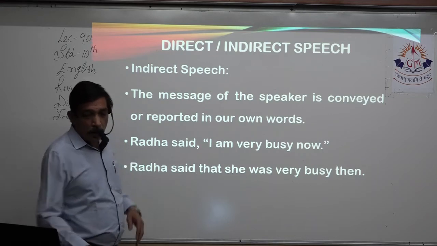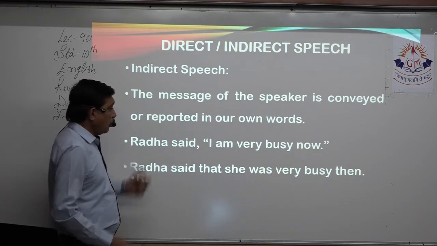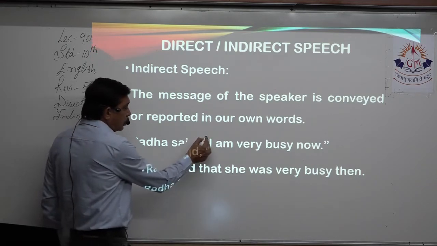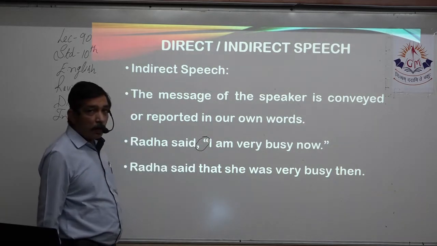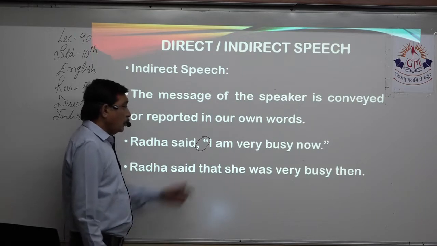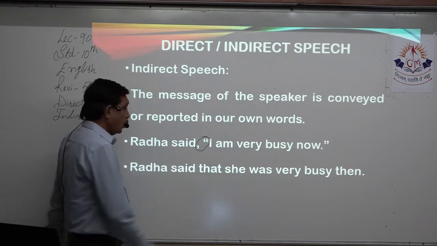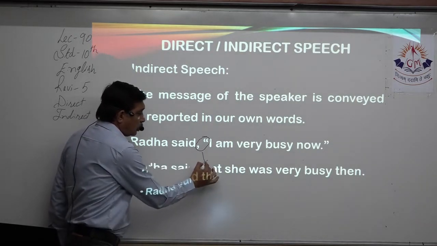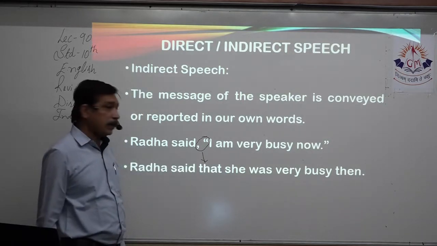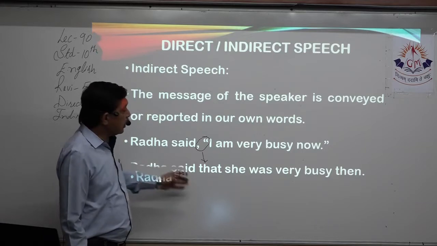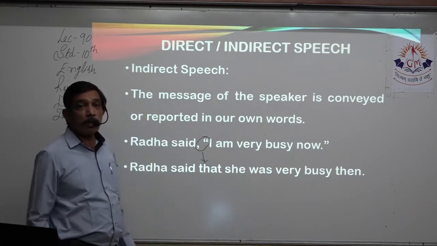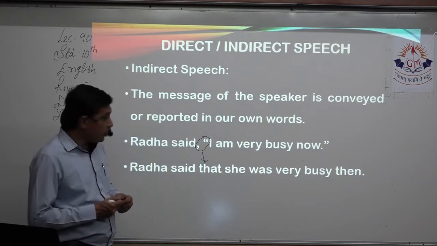Now the main thing to see over here is the comma and inverted quote. We omit that. Instead of that we insert THAT, right? This is to separate the speaker, the tense, and whatever message was conveyed by the speaker.